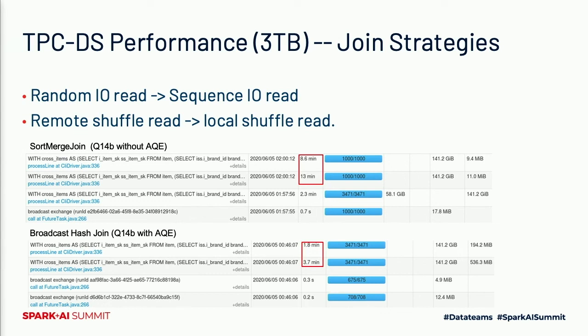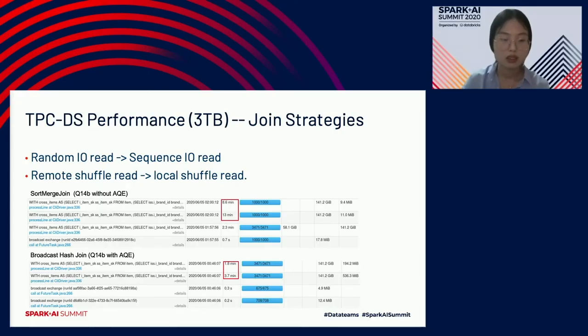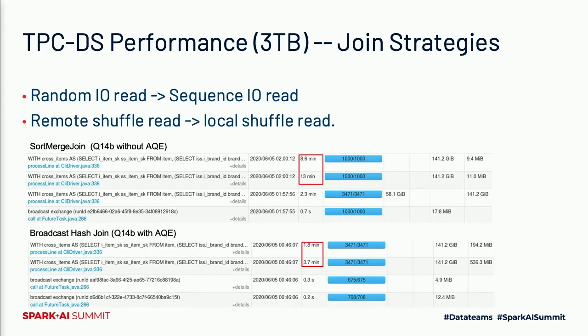So Spark optimizes the sort-merge join to a broadcast join at runtime. And after the optimization, the stage only costs about 3 minutes to finish the join, which improved about 4 times when enabling the feature of dynamically optimizing join strategies.